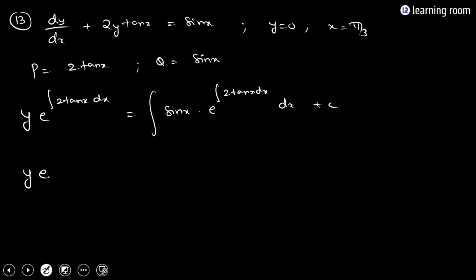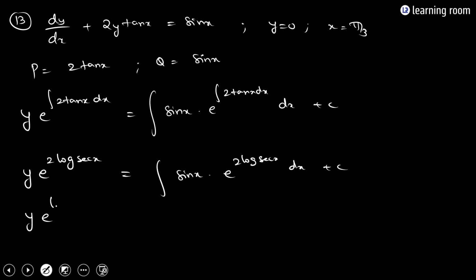So y into e power of 2 times log secant x is equal to integral of sin x into e power of 2 log secant x dx plus c.